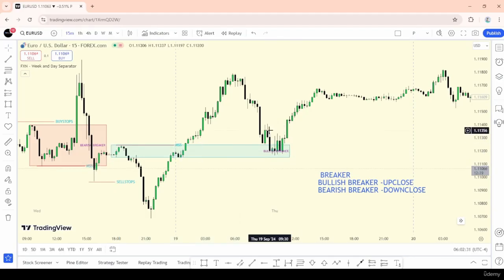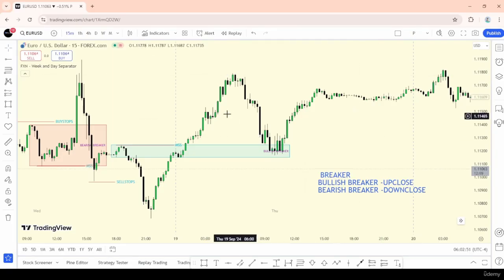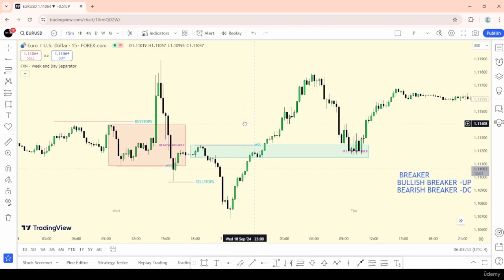And we can see that at a certain time, we came back and retested this area, and then the market went further to confirm a higher high. We ran back above this high. Yeah, so that is the idea behind a breaker.